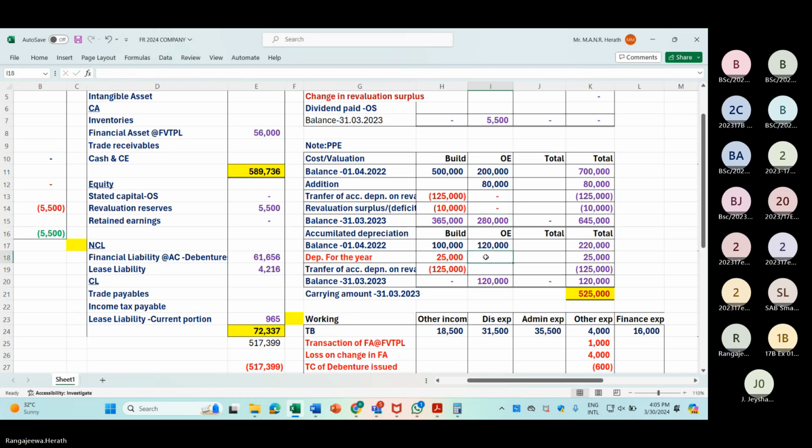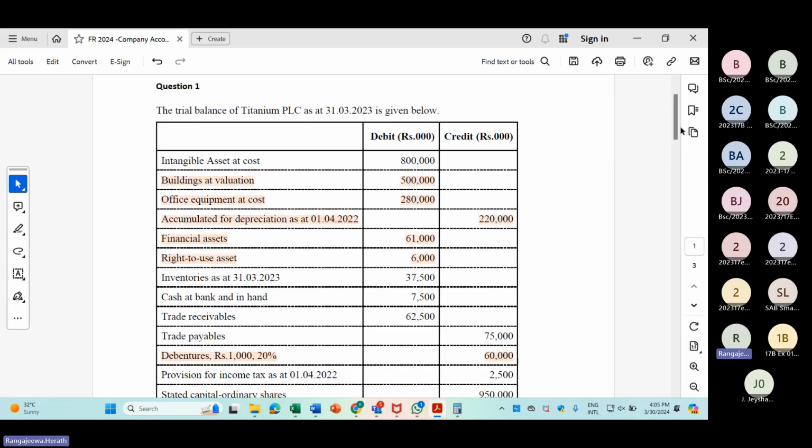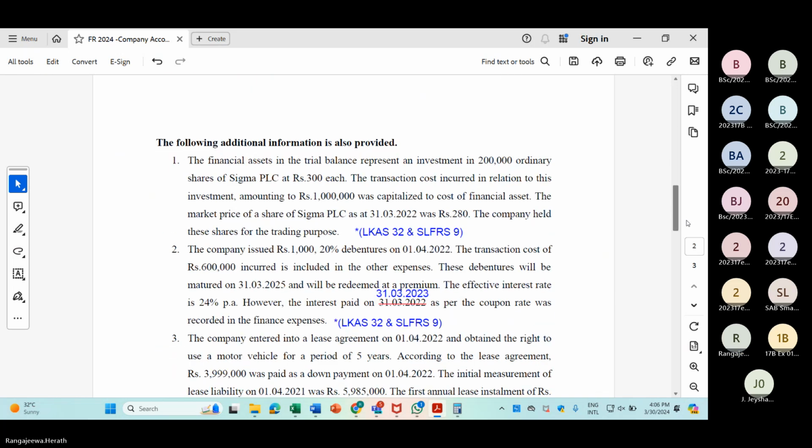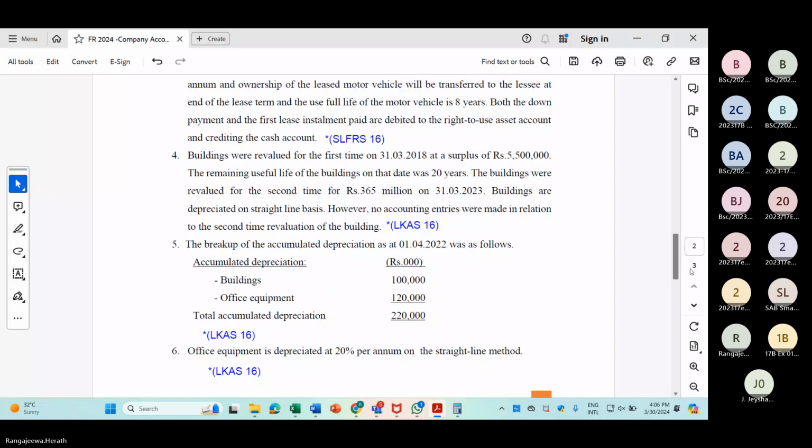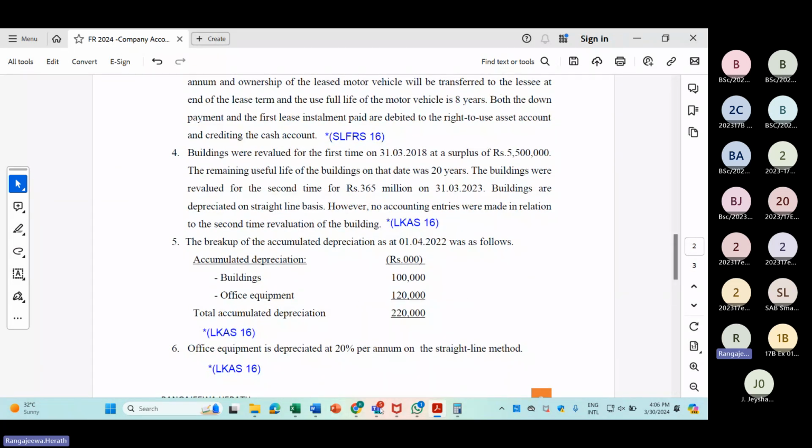Now depreciation for the year, 200 depreciate full year at 20%.